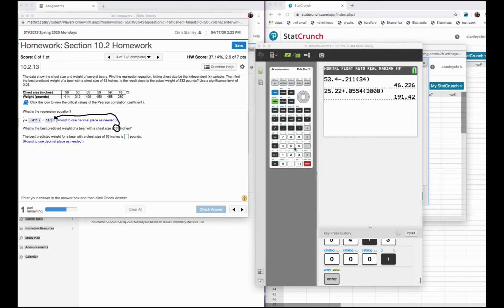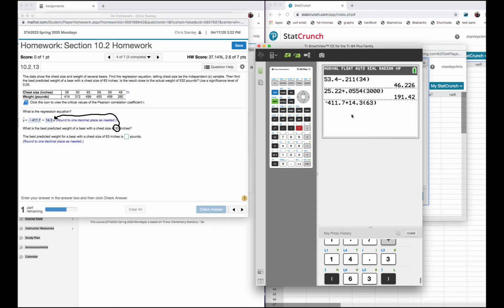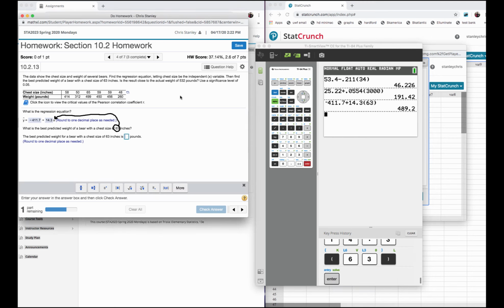Okay, so let's go negative 411.7 plus 14.3, open parentheses, and we want to put 63 in there. So we're predicting the weight if the bear has a chest size of 63. This comes out to be 489.2. 1 decimal, and voila.